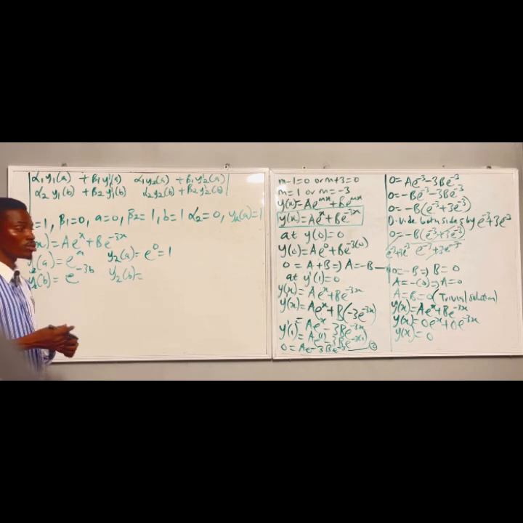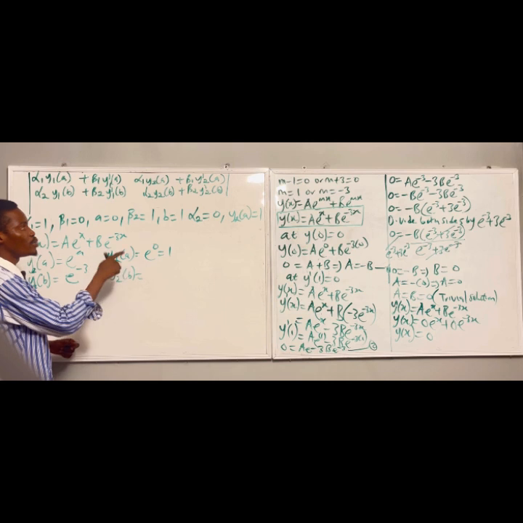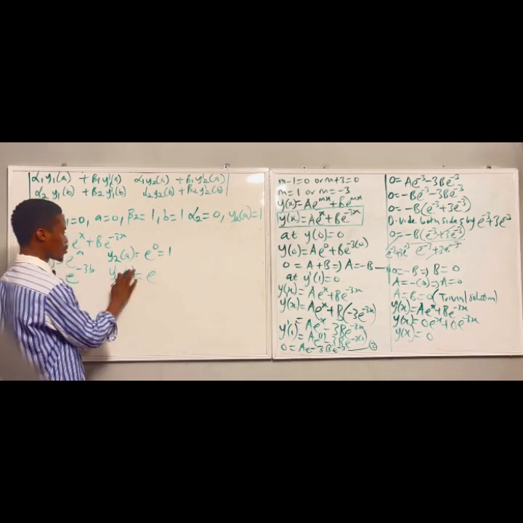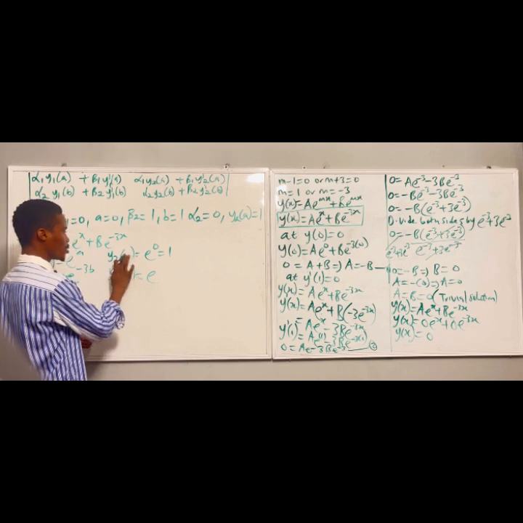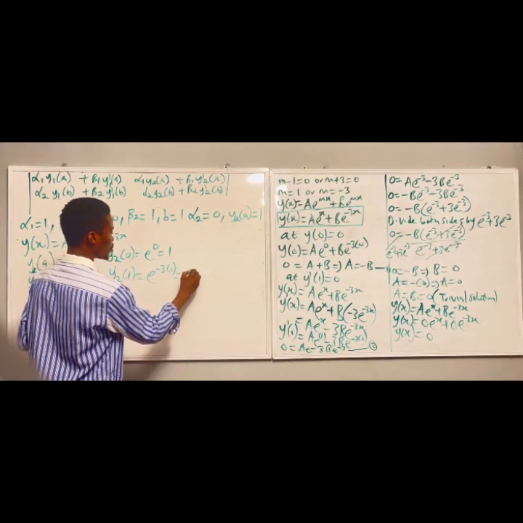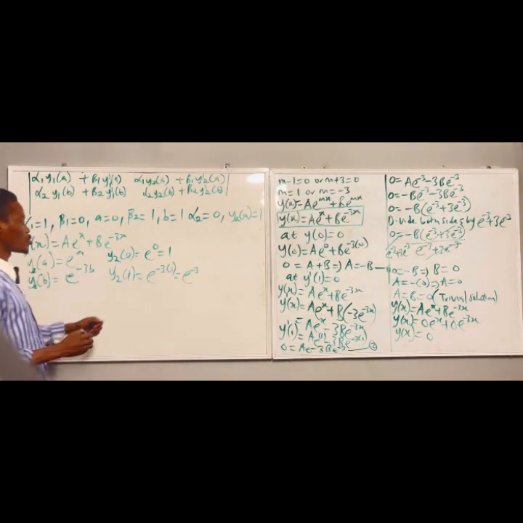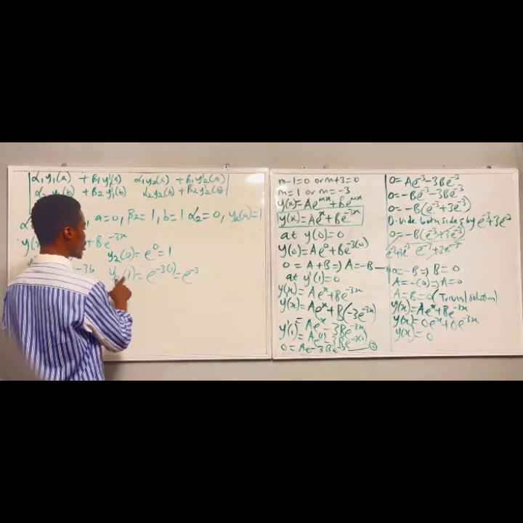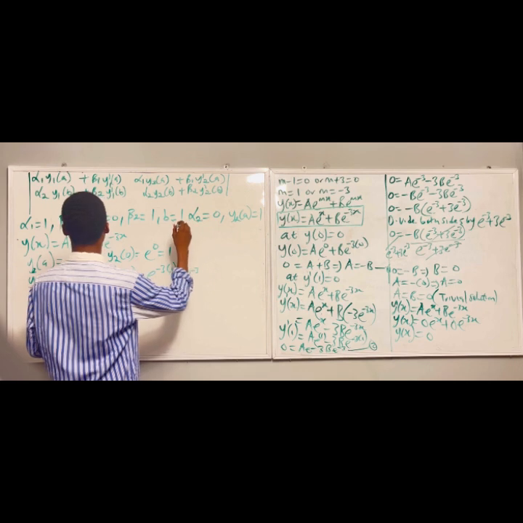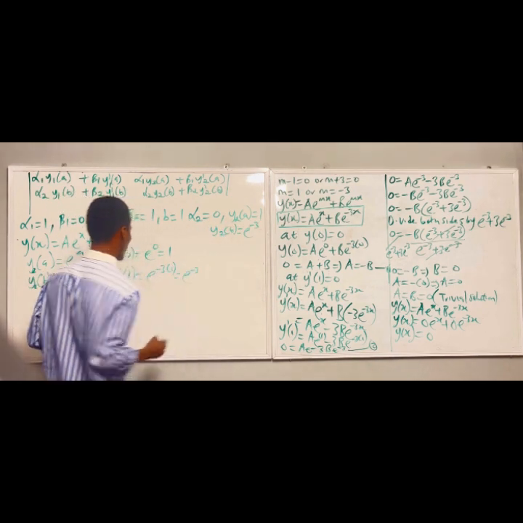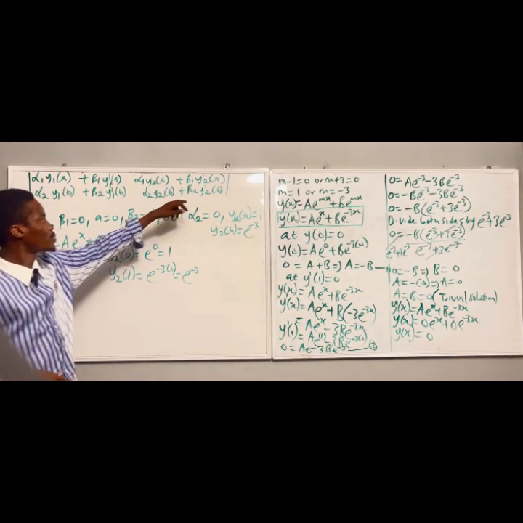So when my b is 1, I'm going to have e^(-3 times 1), that is e^(-3). So my y2 of b is e^(-3). So I'm done with this.